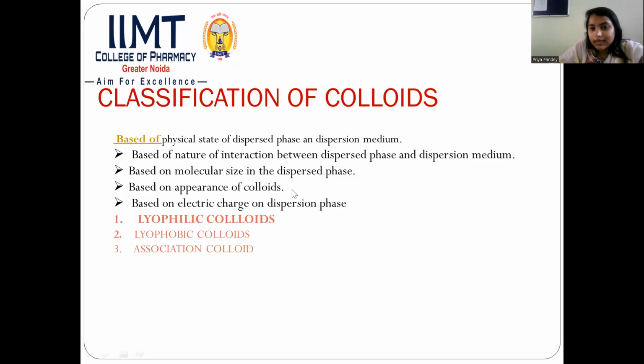Based on the nature of interaction, the dispersed phase, dispersion medium, molecular nature of the dispersed phase, appearance of the colloid, and electrical charge, colloids are classified into three categories: lyophilic colloid, which is liquid loving; lyophobic colloid, which is liquid hating; and lastly, association or amphiphilic colloid, which has the tendency of both.